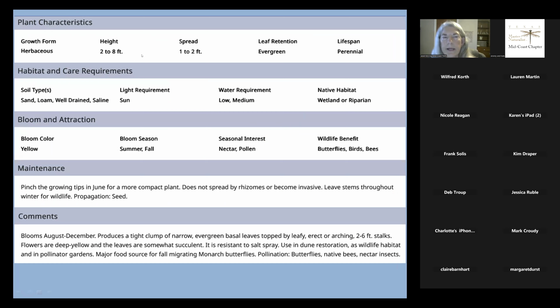It'll tell you its height and spread, its leaf retention and lifespan, its sun requirement, water requirement, its native habitat area, bloom color, seasonal time for blooming, any seasonal interest it might have, and the wildlife it benefits, how to take care of the plant if you get it and want to plant it in your yard, and then some comments about it. So I think it's got a lot of really good information. And to me, it's the easiest site to navigate through.